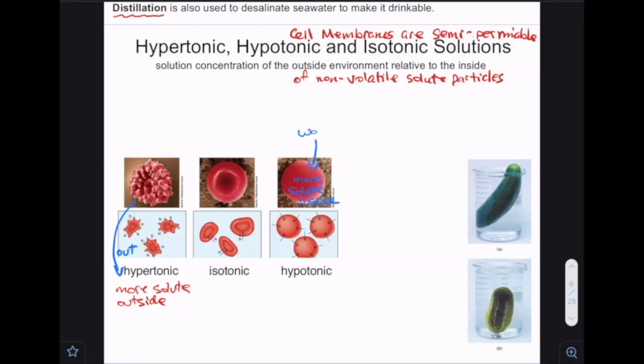So that means water is going to flow in. And when you have a nice balance, when you have the same concentration of solute particles on the inside of the cell versus the outside, then it's called isotonic. Same concentration, both inside and outside. In other words, there's no net flow here.